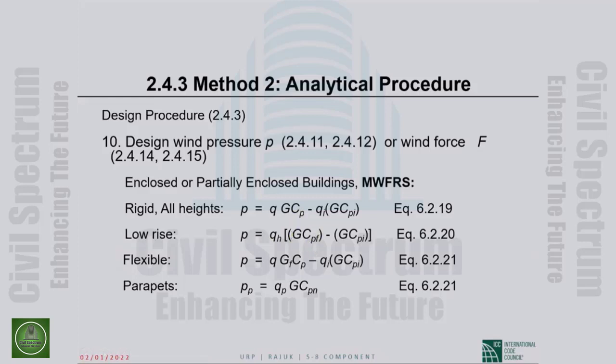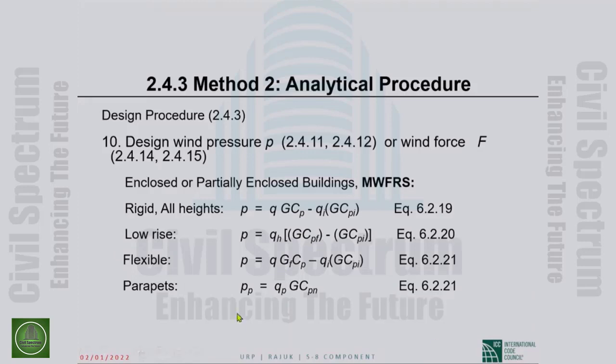If it is a flexible building, then the G becomes G sub f. And that's about the only change. This is a calculated gust factor that will be very painful to calculate unless you have a spreadsheet or something in your design office.